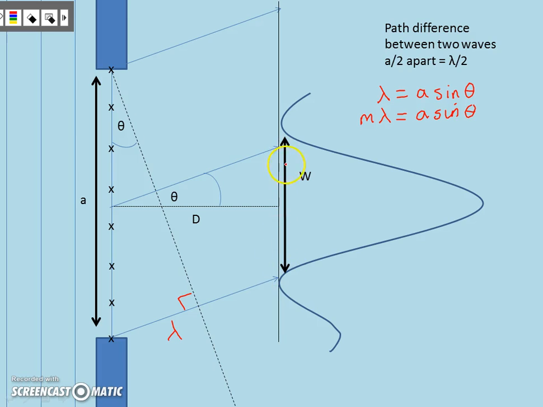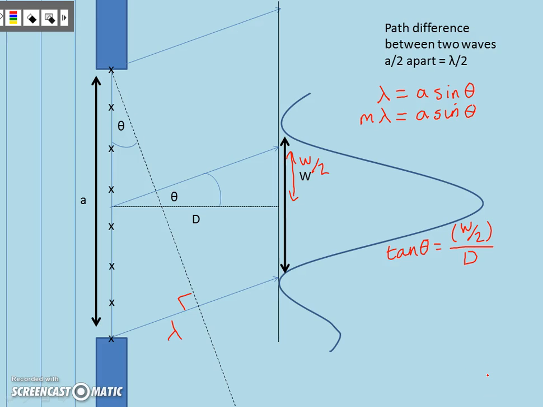Because that's from the center of this bright fringe, we know that this bit here is going to be W over 2. We know the distance from the slit to the screen is D. So tan theta is the opposite over the adjacent, so it's going to be W over 2 over D.